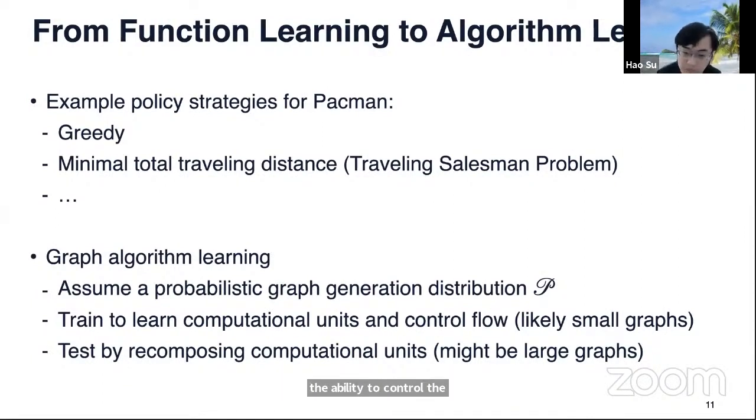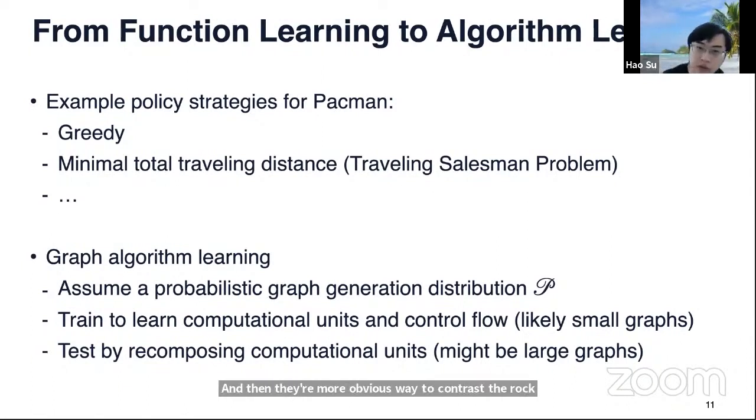Another more obvious way to contrast algorithm learning from function learning is to think that when we learn about data structures or the analysis of algorithms, we talk about complexity, right?